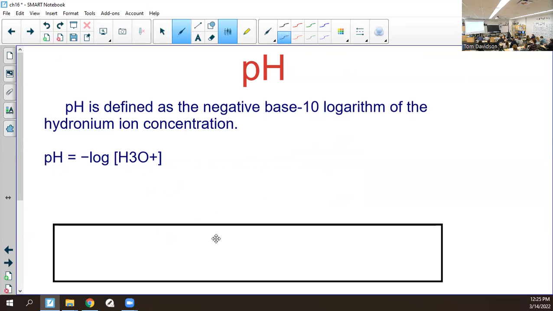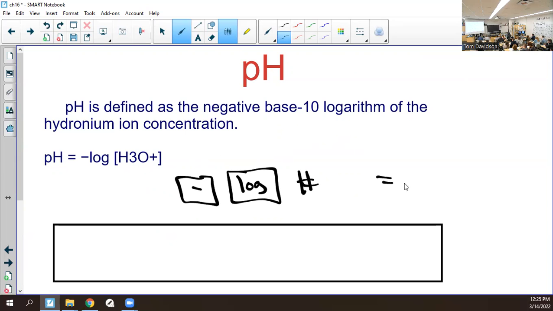All we have to do in our class is push the button that says log on it. You don't have to do a lot of fancy stuff. You'd push the negative button, technically, log, and then you'd type the number and then hit equal, and it would give you the answer. So don't have a heart attack about what logs are.